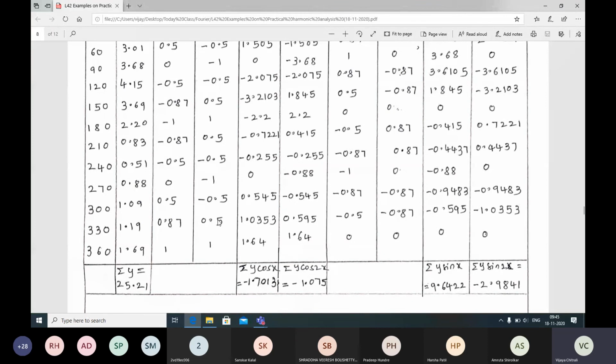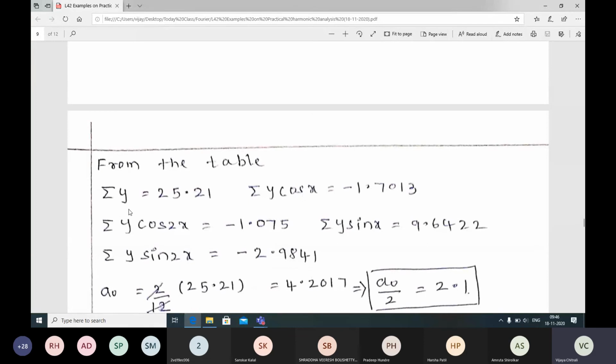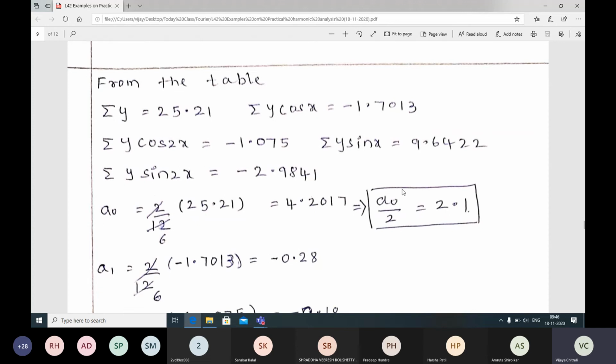Now calculate a0, a1, a2, b1, b2, one by one. Capital N is 12. From the table, summation of y is 25.21, summation of y cos x is minus 1.7013, summation of y cos 2x is minus 1.075, summation of y sin x is 9.6422, and summation of y sin 2x is minus 2.9841.